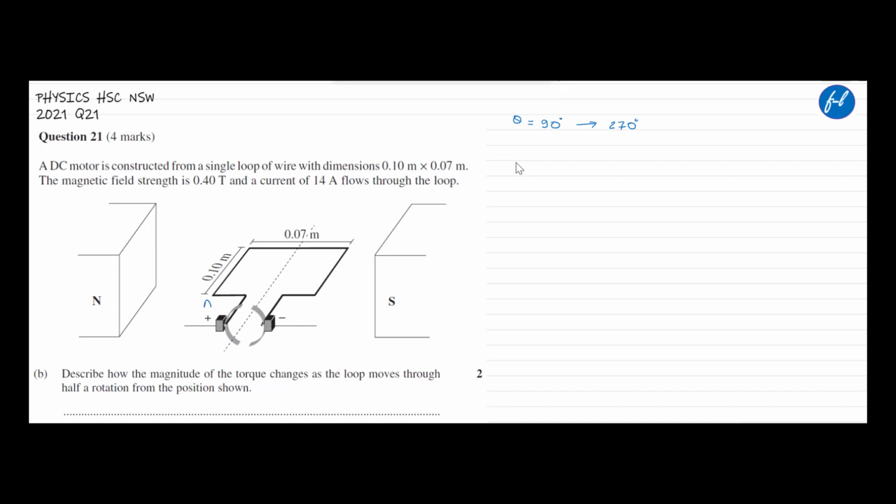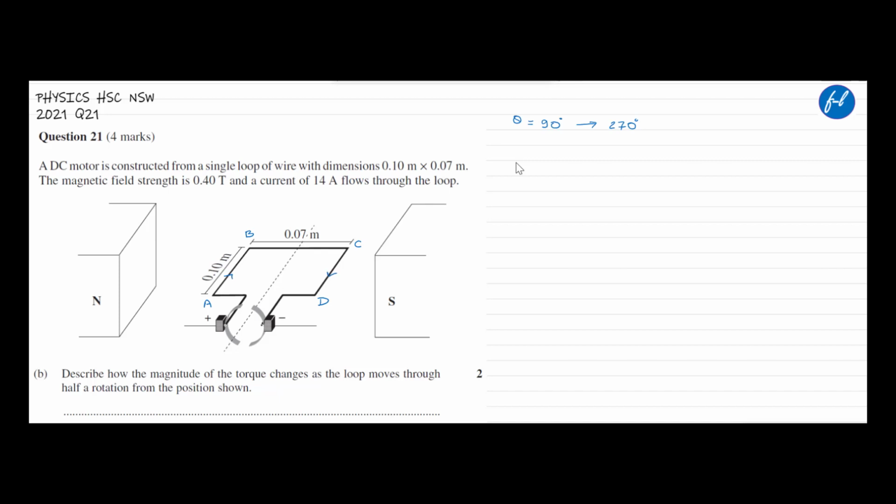If I label A, B, C, D points on the coil, at the initial starting position, when theta equal to 90 degree, the direction of the direct current is like this.